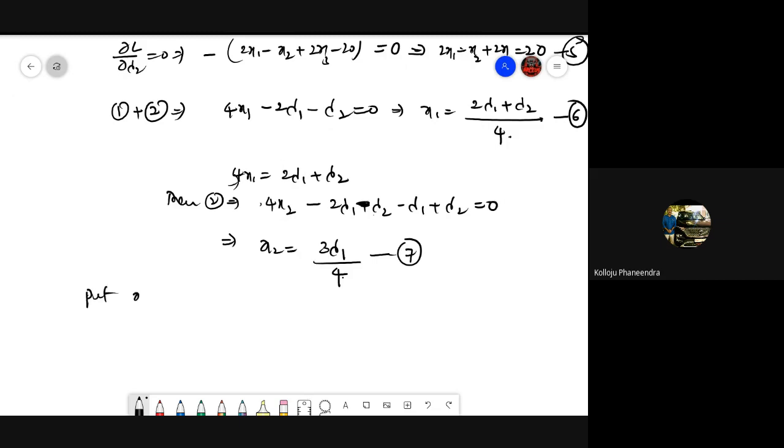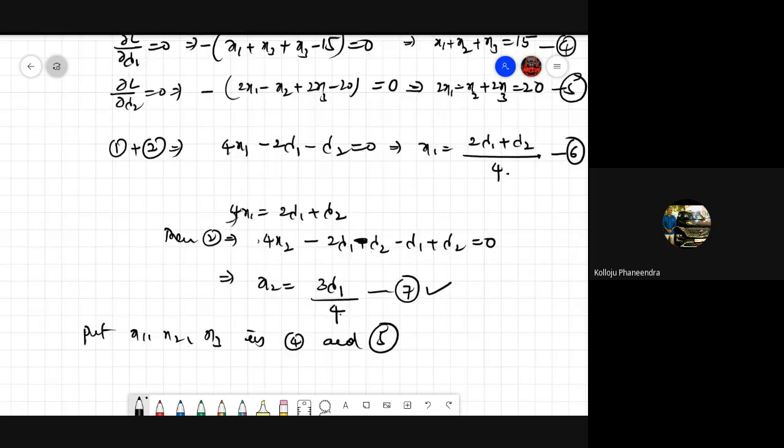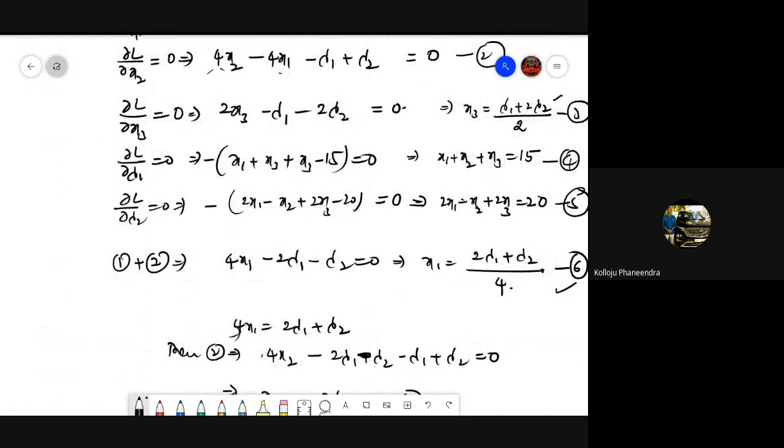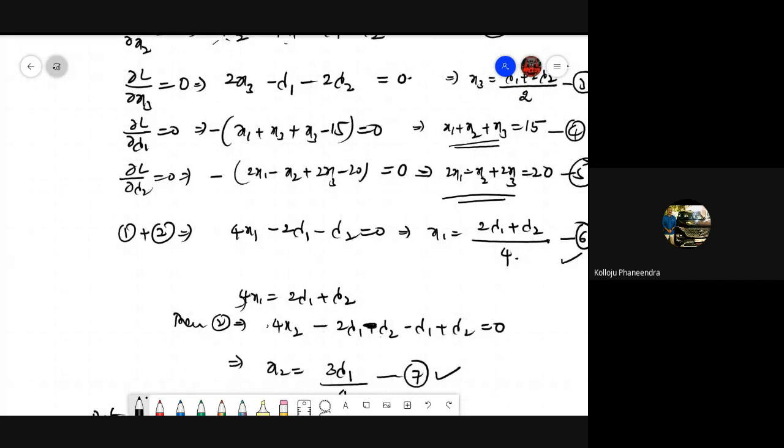Put x1, x2, x3 in 4 and 5. In these two expressions: 4 implies x1 + x2 + x3 = 15. What is the x1 value? x1 = (2λ1 + λ2)/4. x2 = 3λ1/4. x3 = (λ1 + 2λ2)/2. Equal to 15.